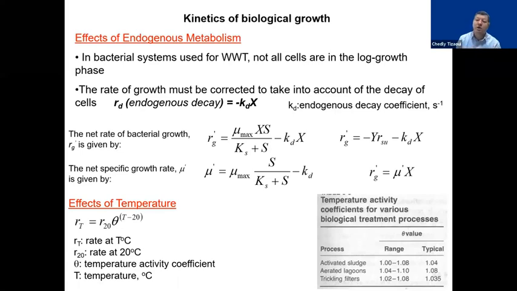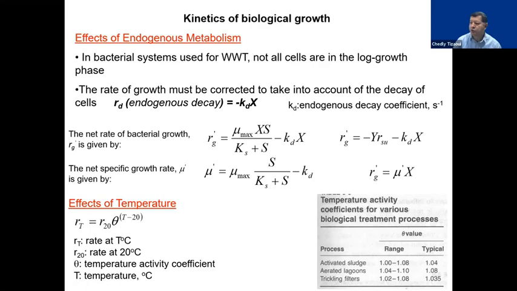Overall, the rate of growth of bacteria will be the growth due to the substrate, which we defined earlier, mu max X S divided by Ks plus S, minus the decay rate. So that's the general rate of growth of the microorganisms, and it involves Kd as well. And you have everything, more or less, to describe the growth of bacteria.